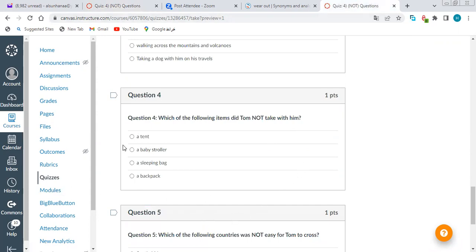Again, the question: which of the items did Tom not take with him? Tent, baby stroller, sleeping bag, or backpack?